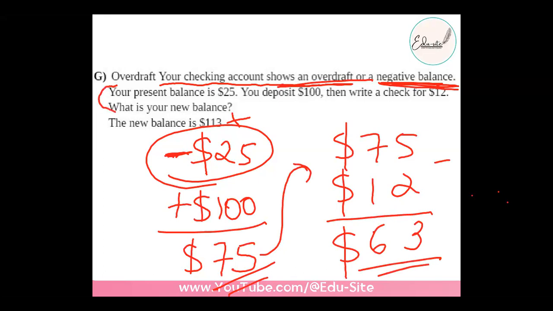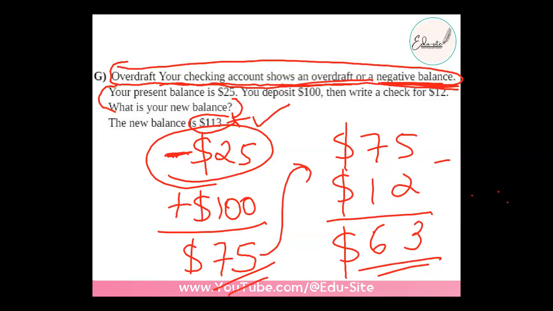Both of the answers are right. If you consider only this till here, that is $113, this is correct. But if you consider the line that was given, or else this line would have been of no use. They have already told you that the account shows a negative balance, but they have told you the present balance is $25. Actually, the present balance should have been minus $25, right?